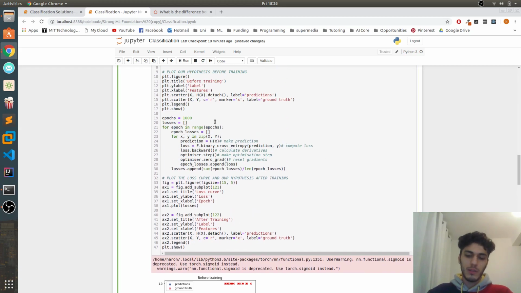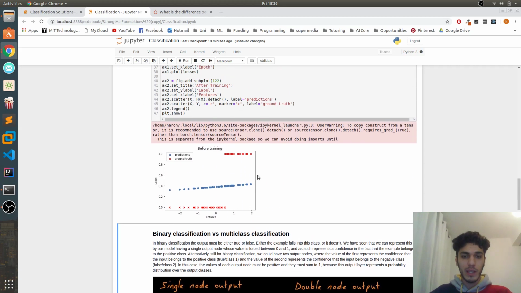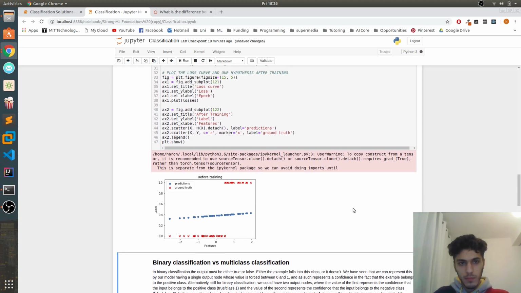I can train this for even more epochs or less, and we'll see how our hypothesis looks with different amounts of training. So I'll give that a second, it might take a while.